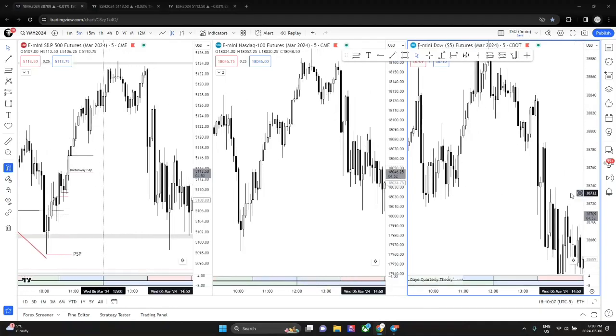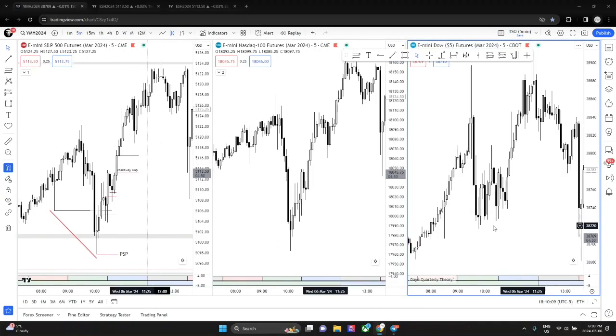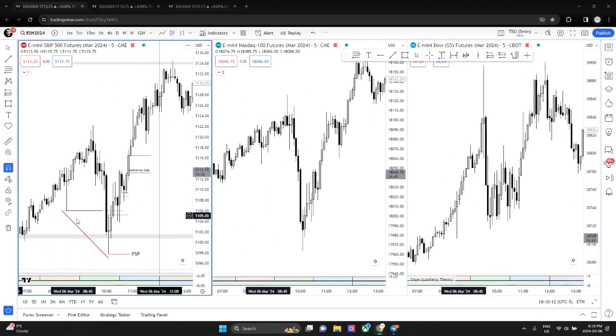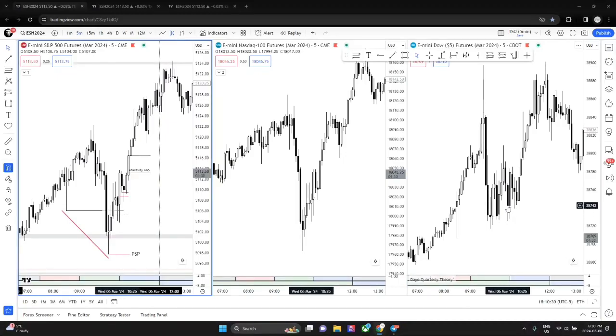So after there was sequential SMT, right here, this candle opened at 10:05. In the Nasdaq, this candle opened at 10:05, and in the Dow, this candle opened at 10:05.